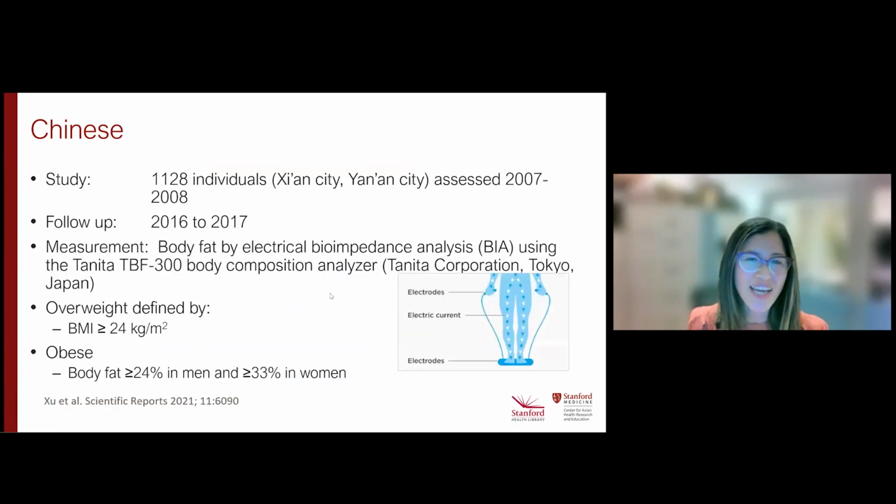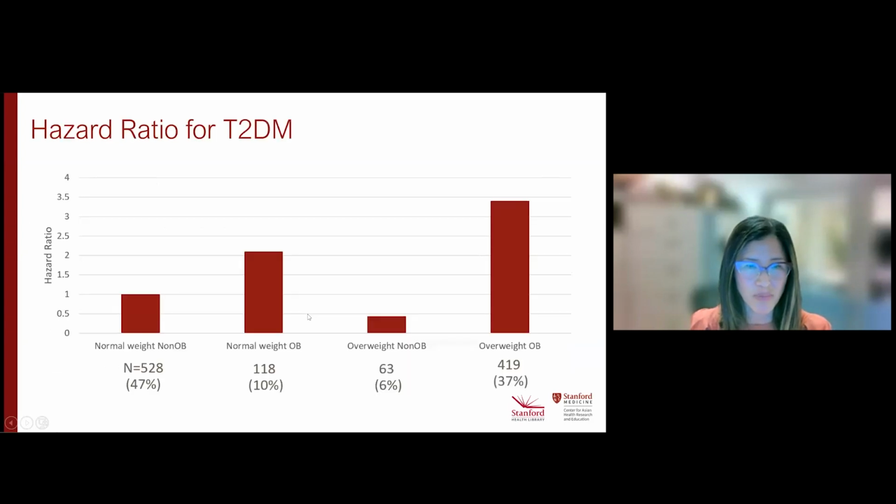So to look at that further, there's a ton of research looking into this. This was one study in a Chinese population in China, where they were trying to see if BMI underestimates the degree of fat in individuals. So they used BMI, but they also measured fat by a bioimpedance measure. This is also not perfect, but it illustrates our point.